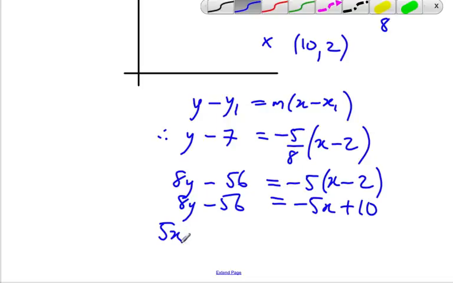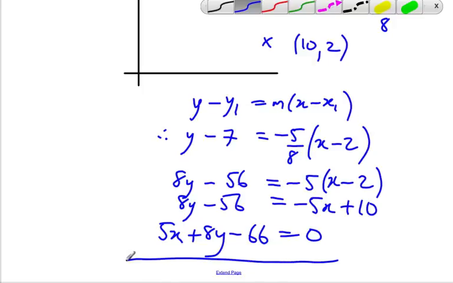So it'll be 5x plus 8y, and if I move 10 to this side using the change sign thing, then that's going to be -66, and that is the answer. And it's a hell of a lot easier with a -5/8 to multiply everything out by 8 than it is to try to rearrange this and end up with a y equals mx plus c. It's just tidier. So general form, I personally prefer general form just because it's consistently tidier.